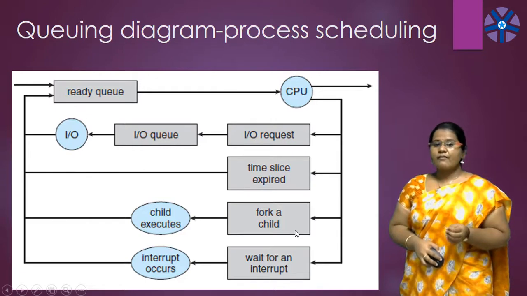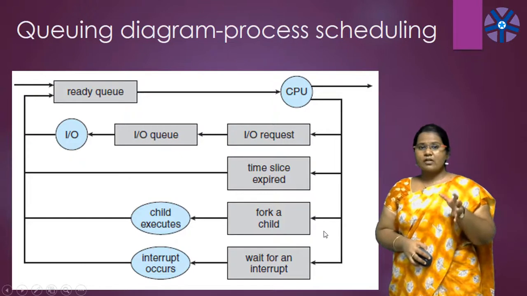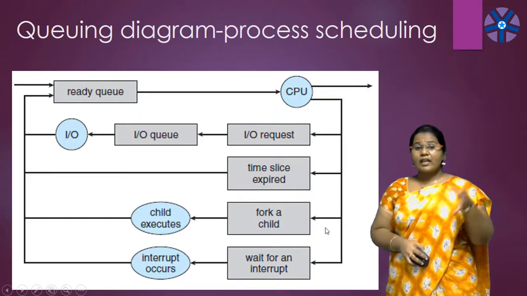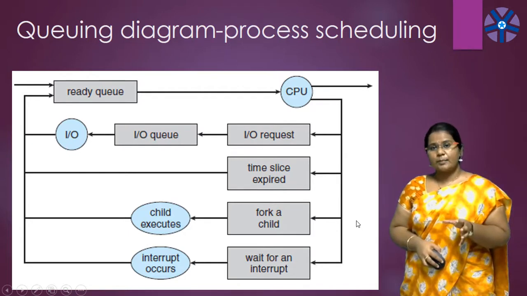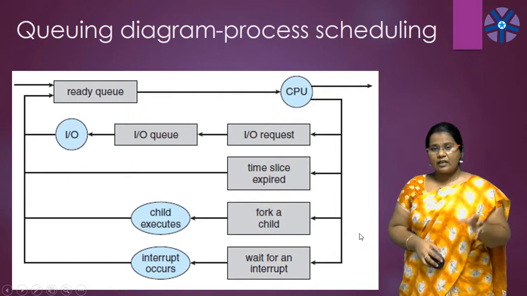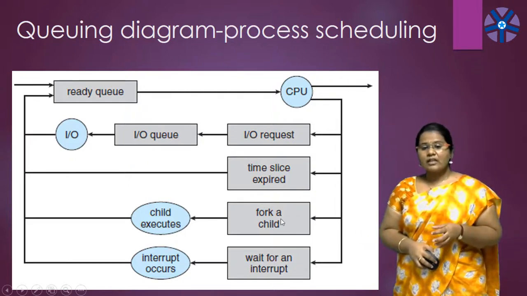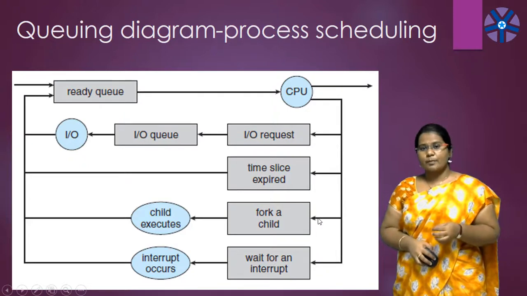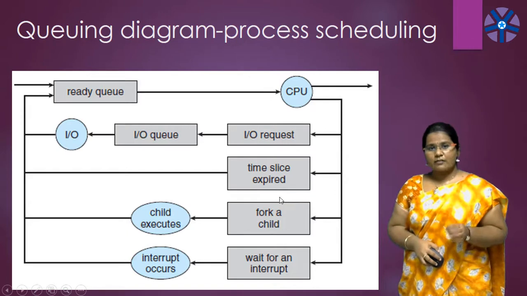Then third is forking a child. Once a new process is created due to the execution of a process, that new process is called a child process, and the original process that created it is called the parent process. To create a new child process, the operating system uses a system call called fork.